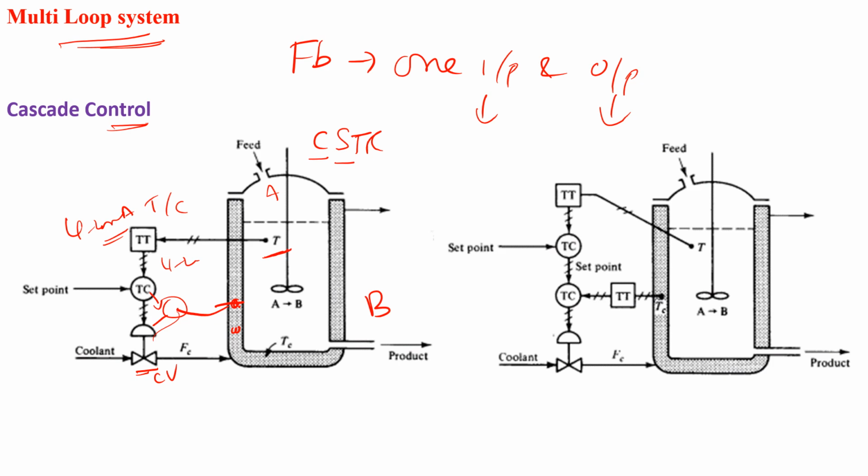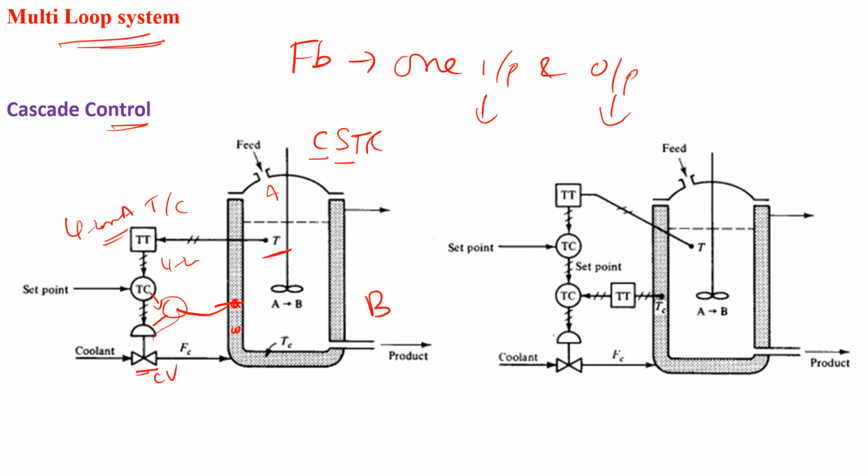This is the normal loop, but since it is a sluggish process, it takes time to understand this, and the temperature won't change immediately. In order to make it faster, we just measure the status of the coolant. What is the current temperature of the coolant? That is the temperature transmitter.